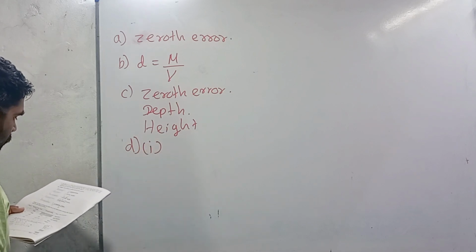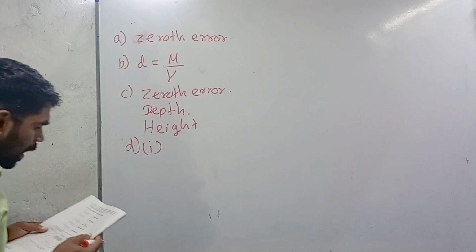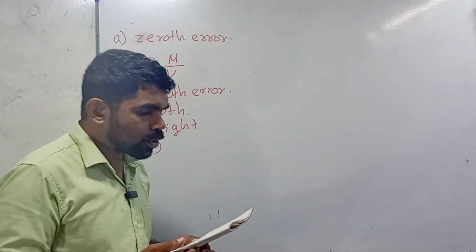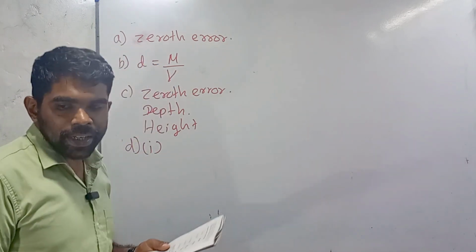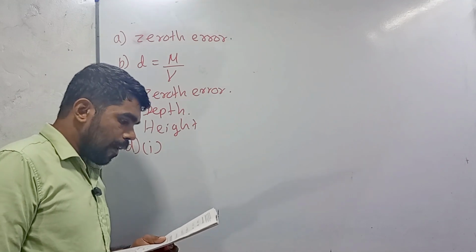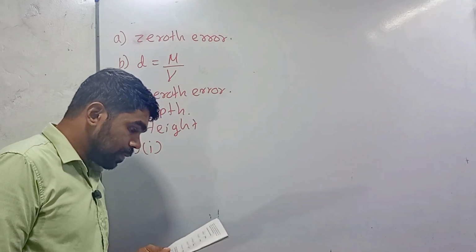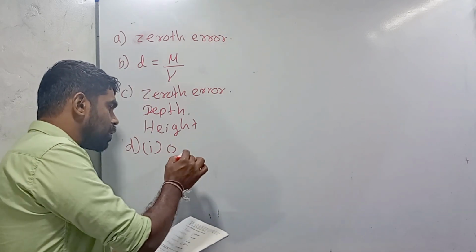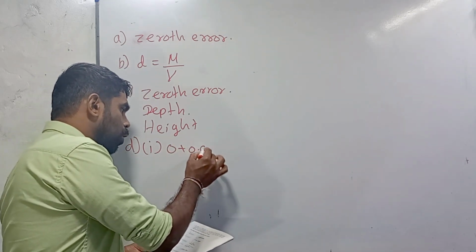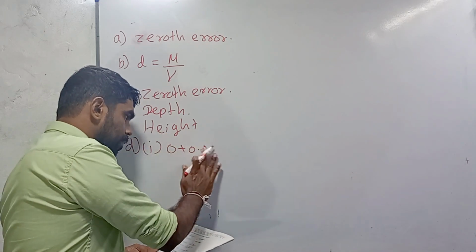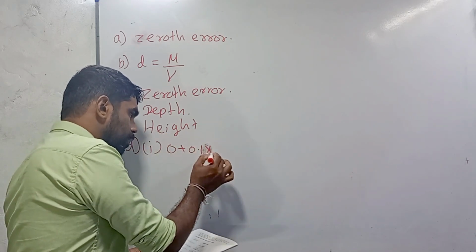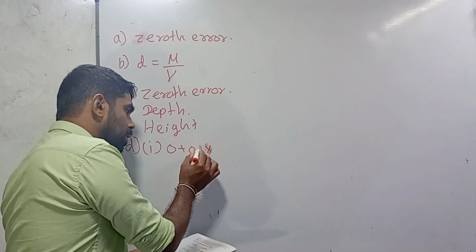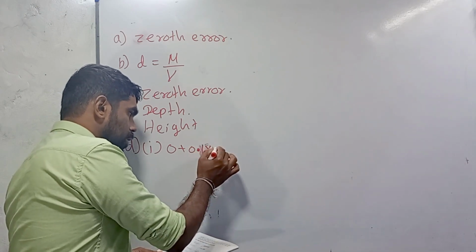Reading of the vernier caliper in the first one: you can identify the second part of the vernier scale division is coinciding with the main scale part, and the main scale reading is 0. Then 0 plus 0.1 into, I will use millimeters, 2.